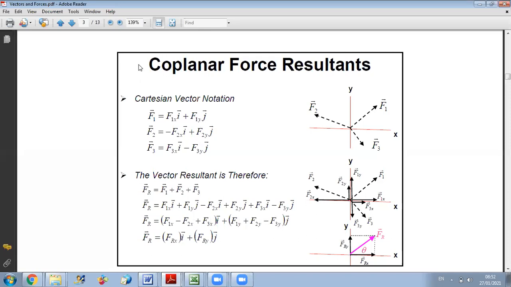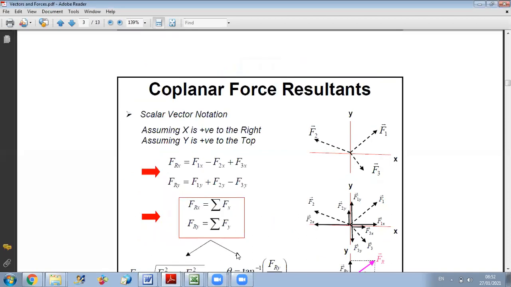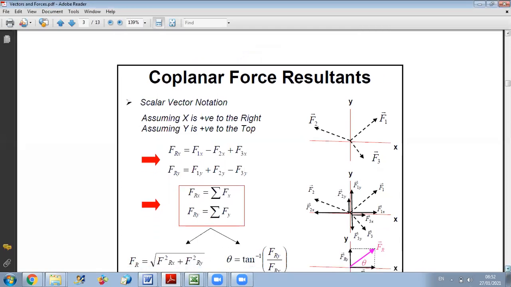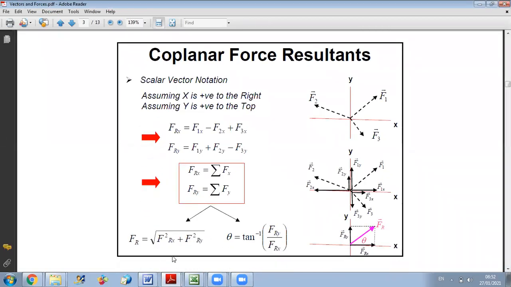So now, after finding the resultant in this form, to calculate the resultant force, I add the x components together, I add the y components together, and then to calculate the magnitude, it's radical of fRx squared plus fRy squared, and to calculate the angle theta, it's tangent minus 1 of fRy over fRx. Okay, so this is the analytical method to find the resultant force. Any question on this?